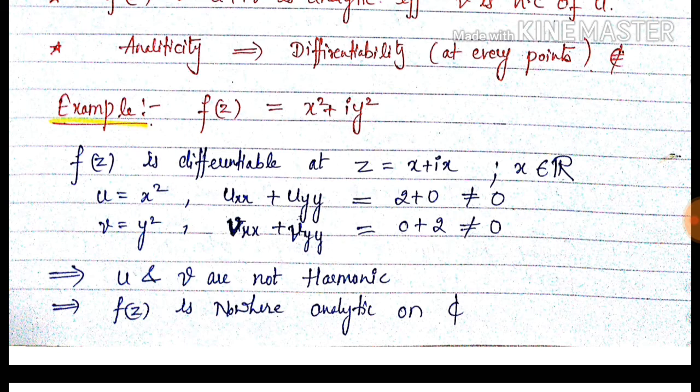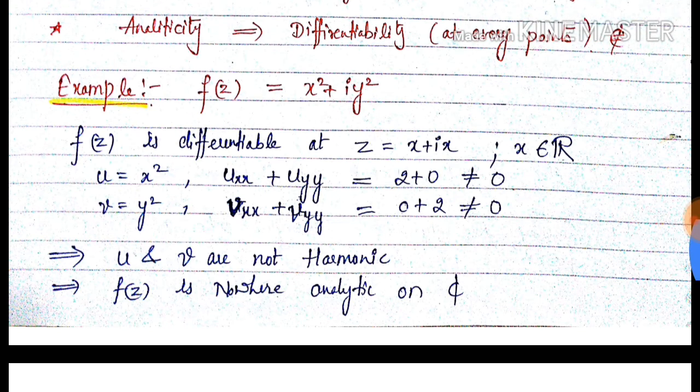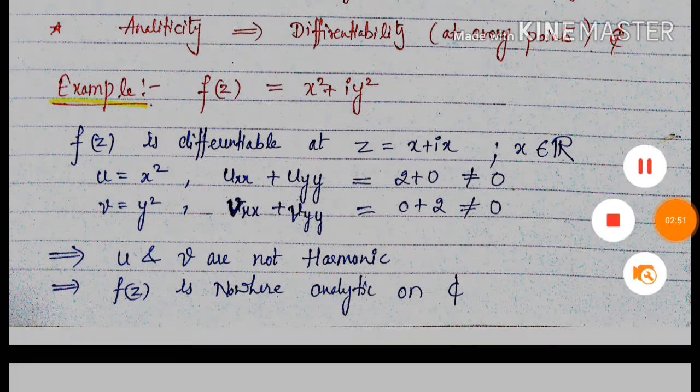On combining this we get 2 plus 0, which is not equal to 0. Similarly vxx plus vyy is 0 plus 2, which is not equal to 0. So here u and v are not harmonic. f(z) is not analytic anywhere on the complex plane. So this is about this example.